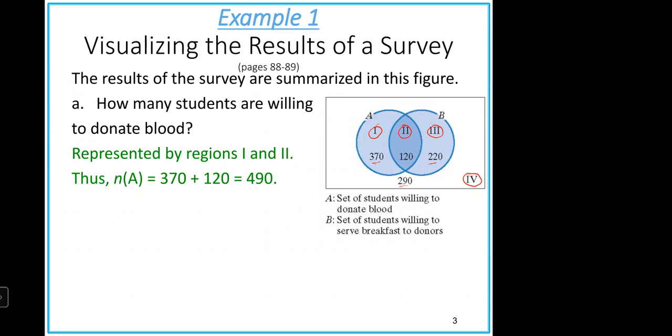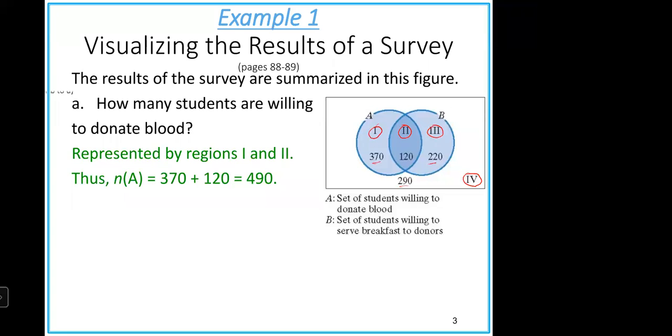So that would represent the amount of persons that are willing to donate blood. And so that number would be the sum of those two, which in this case is 490.